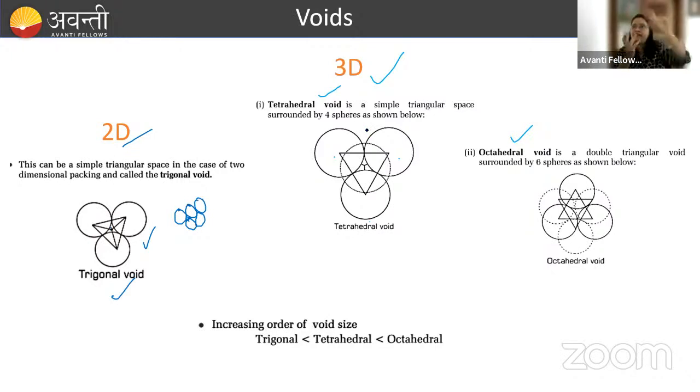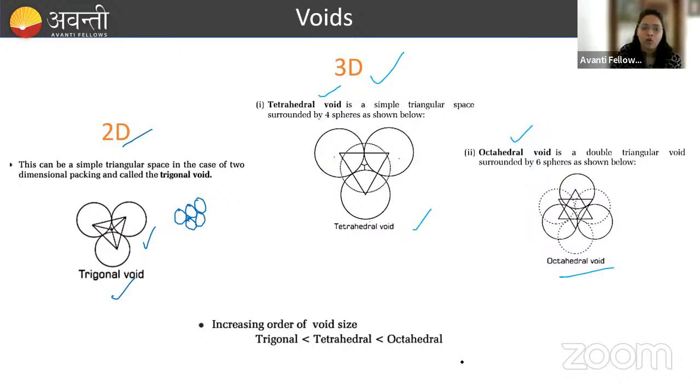When we arrange the atoms that way, inside there will be production of a void, and that void is nothing but tetrahedral. Next, the octahedral void. Here 6 atoms surround the given void, and it is a double triangular void. It's surrounded by 6 spheres or particles or atoms, and that's why there is formation of an octahedral void.